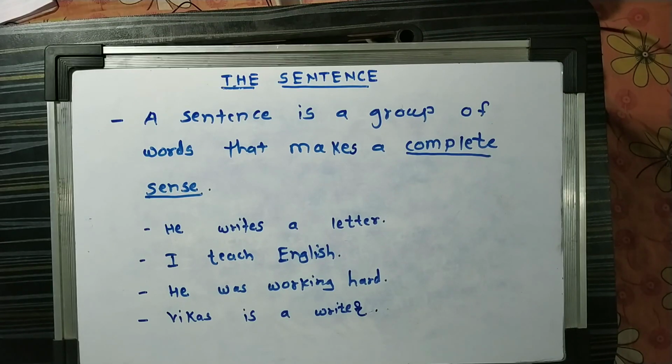So all these four groups of words can be called sentences because they are self-sufficient to express some idea. They are self-sufficient to convey complete sense or meaning, and therefore it becomes quite clear from this point that a sentence is a group of words that makes a complete sense.